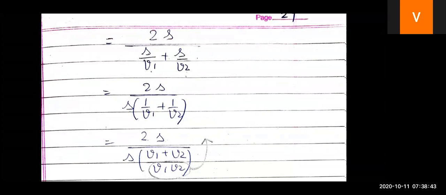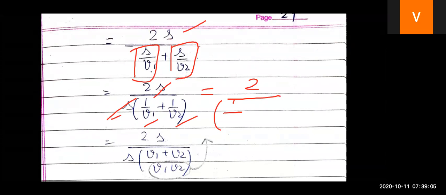S plus S is 2S, and we have substituted instead of T1 S by V1 and instead of T2 S by V2. Now if we take S common, then inside the bracket will be 1 by V1 plus 1 by V2. S and S will get cancelled and you will have 2 upon 1 by V1 plus 1 by V2.